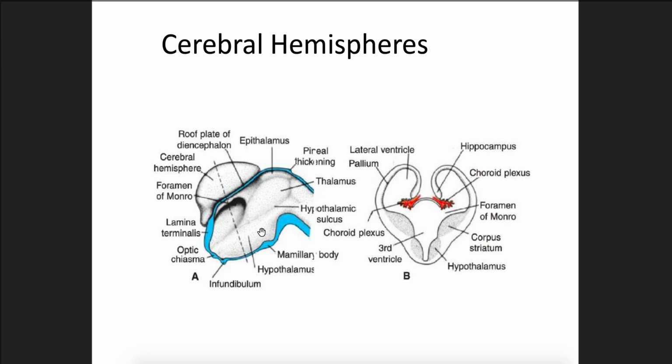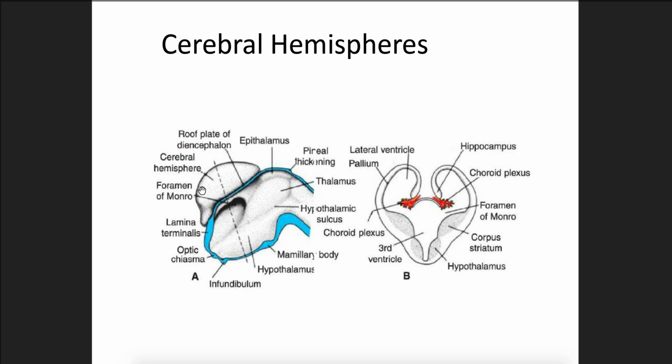Now, this area I told you is embedded in the medial and inferior aspect of each hemisphere. And previously, in the development of the diencephalon, we said the roof plate of the diencephalon, anteriorly, forms the choroid plexus of the third ventricle, which is the ventricle of the diencephalon. And posteriorly, there is a thickening and you have the pineal body here.